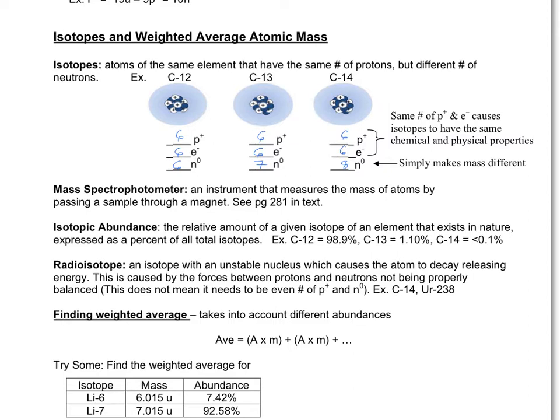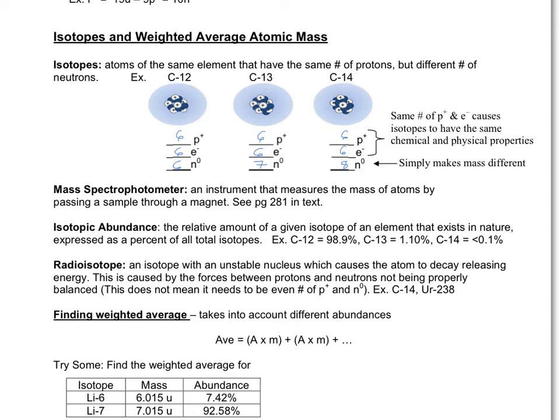Isotopes are identified by using a piece of equipment known as a mass spectrometer. It's an instrument that measures the mass of atoms by passing the sample through a magnet, and depending on how heavy that atom is, it will bend a different amount. Have a look on page 281 of your textbook for more information on how this device works.